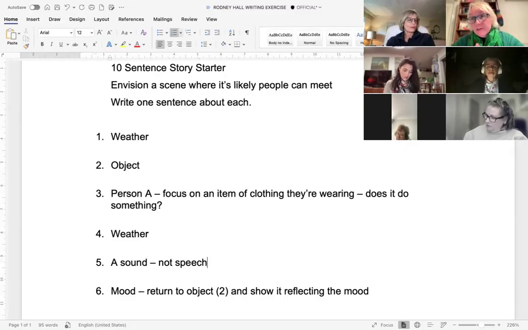Now, this is how we can use it. It's the objective correlative that T.S. Eliot talks to. Have a look at your object in sentence number 2 and use it to reflect the mood of the scene or the mood of your character.